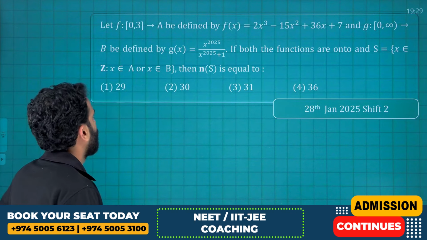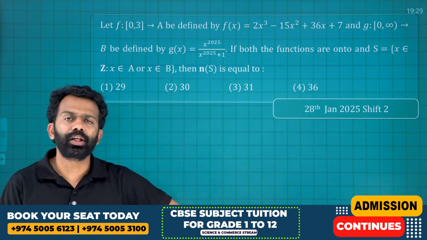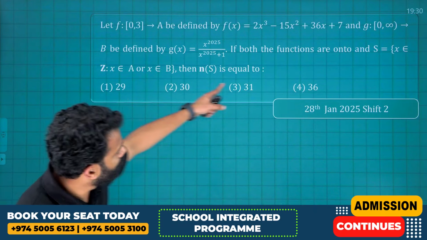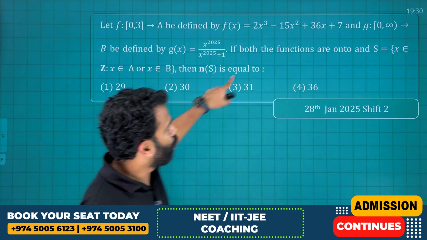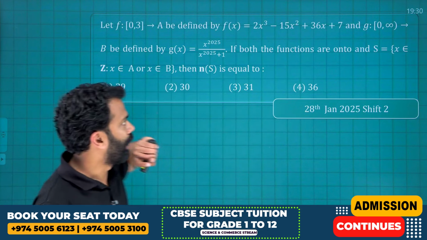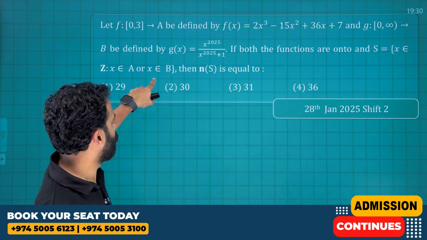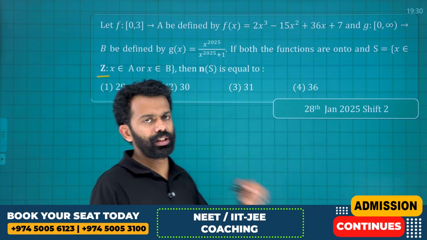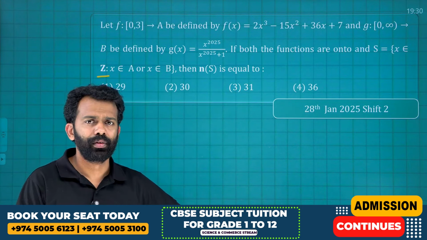And another function is given, g of x equals x raised to 2025 divided by x raised to 2025 plus 1, defined from the closed interval 0 to infinity to B. If both the functions are onto and S is equal to x element of A or x element of B, where S should contain integers, then n of S, that is the number of elements in S, is equal to. How are you going to do this one?